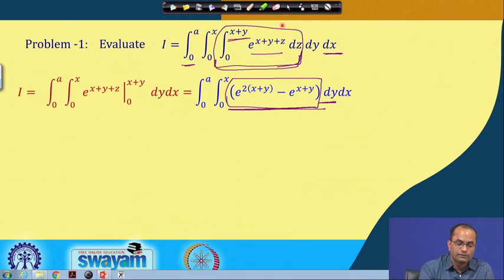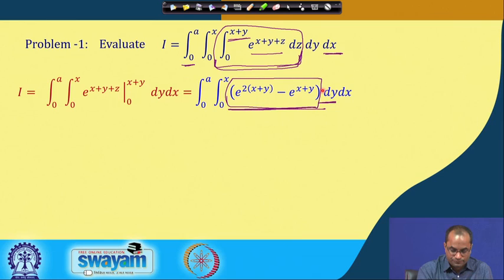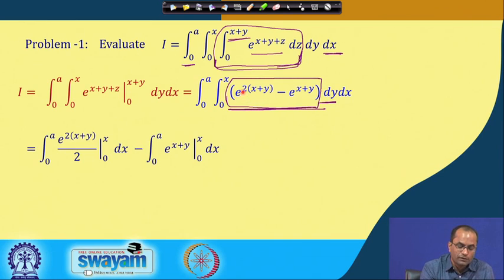So, e power 2 times x plus y, now we have the 2 here, so the 2 will go to the denominator, the limits 0 to y, now the outer integral dx, minus 0 to a, this integral, and the integral of e power x plus y, which is again e power x plus y, and the limits of the inner integral here 0 to x.